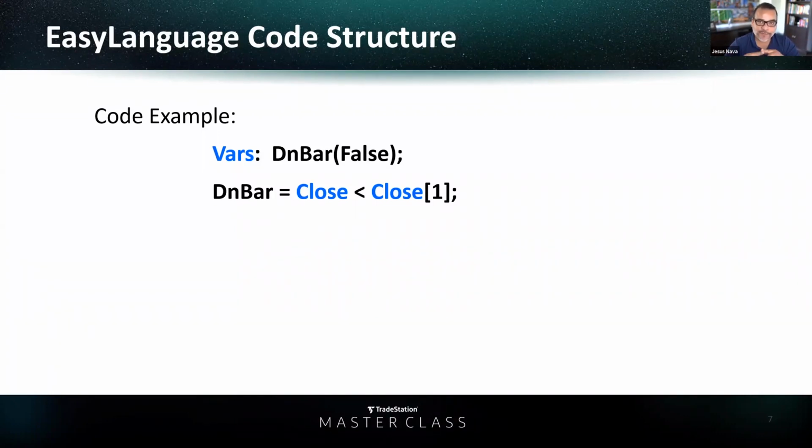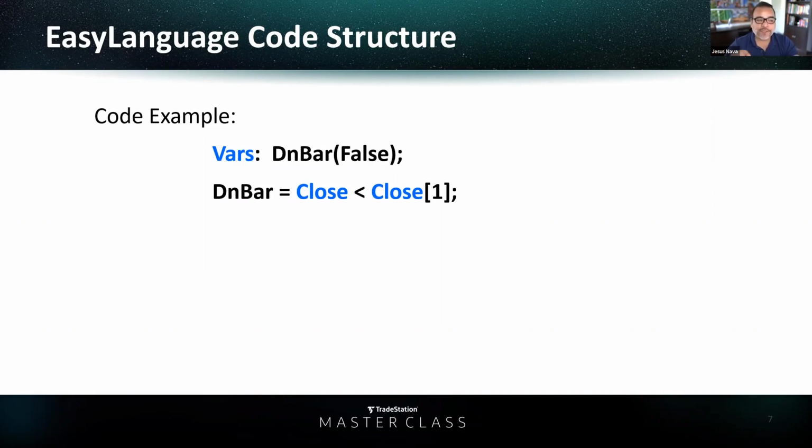So the first line is my declaration, where I declare that I'm going to be using a variable called DN bar. And then the next line defines, it tells EasyLanguage what DN bar stands for.